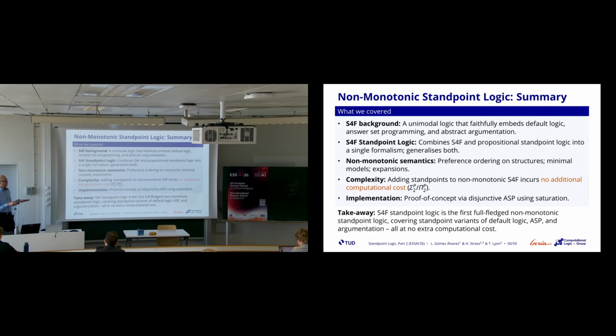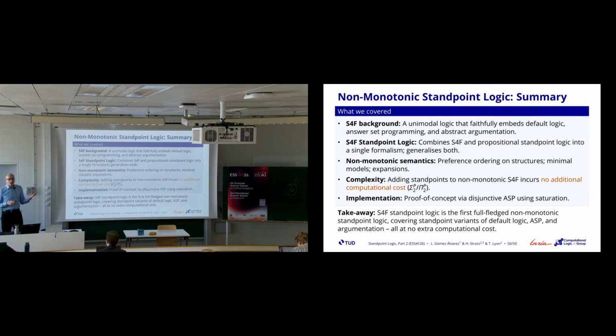So we have obtained the first full-fledged non-monotonic standpoint logic. So before there were some other proposals that covered parts of non-monotonic reasoning, but here I would argue that we have something that covers a great number of existing languages already. And the nice news is, as always, that we could do this without any increase in computational cost, right?